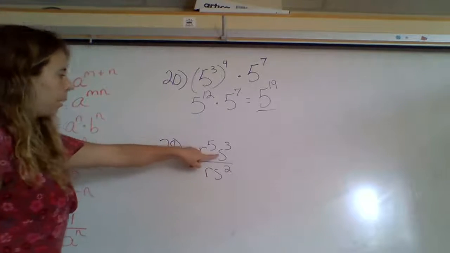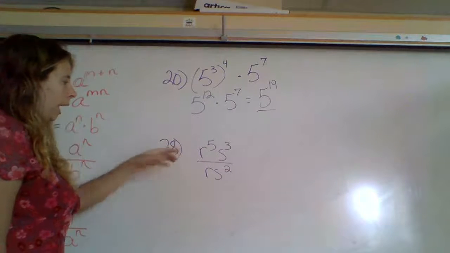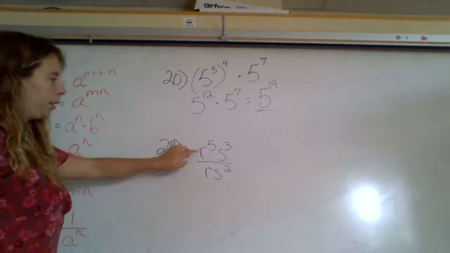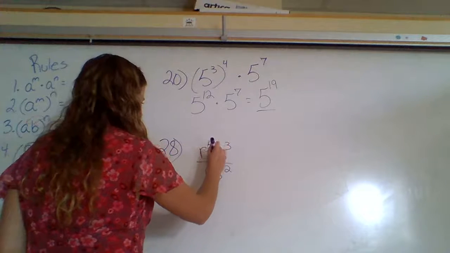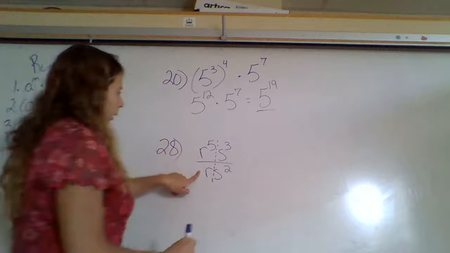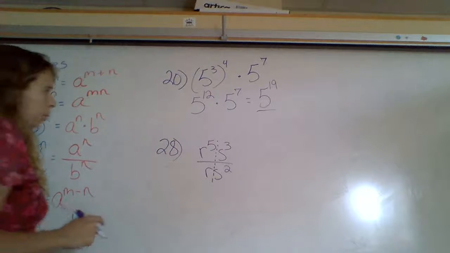These are not the same base, so you can't combine these exponents. They have to have the same base. So there's nothing I can do up here. However, I can draw a little line here. R to the 5th divided by R. If you're dividing and they have the same base, where is that? Oh, that's number 5. That's this one. If you're dividing and they have the same base, you can subtract.